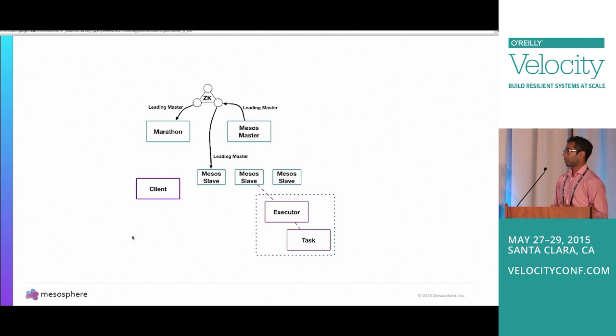Leader election is a well-defined process supported by Zookeeper, where, given a set of nodes, it works out which one should be in charge. So let's say the original master node has failed for whatever reason, hardware failure perhaps. Another node comes online. It is elected leading master by Zookeeper, and then Zookeeper communicates that information to all the nodes running in your cluster.